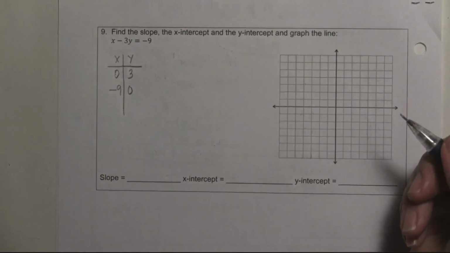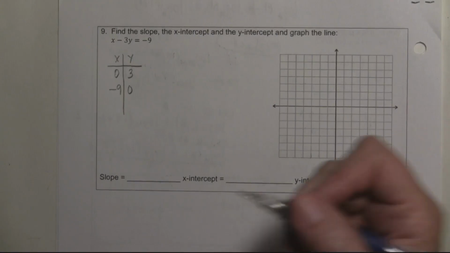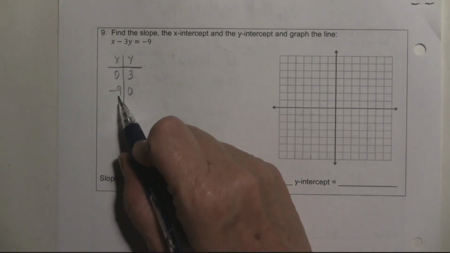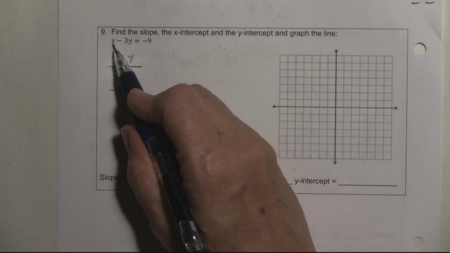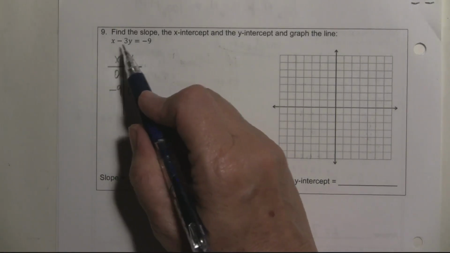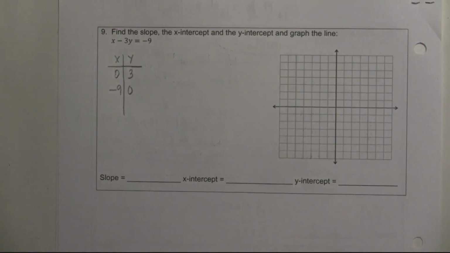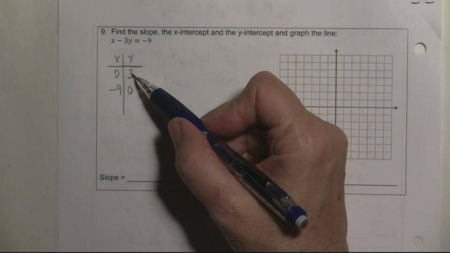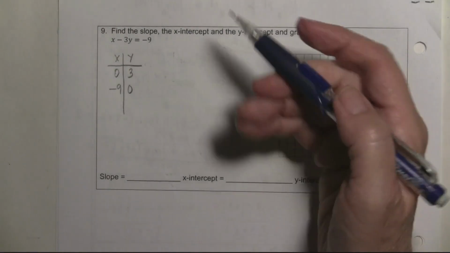So I was just thinking if I pick something else, I might stay on the graph a little bit better. When x was picked at -9, now I'm noticing x has no coefficient, so maybe it'll be easier for me to pick y. Between 3 and 0, I started getting off the graph. So maybe I better pick y as 1.